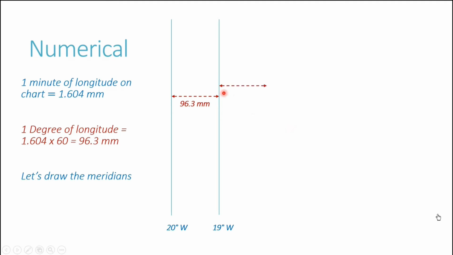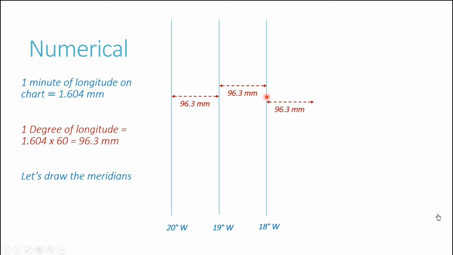Again, from this meridian, I can draw a length of 96.3 millimeters, and that gives me a point from where I can draw the 18 degree west meridian. So we have the 18 degree west meridian on the chart, on the plot.